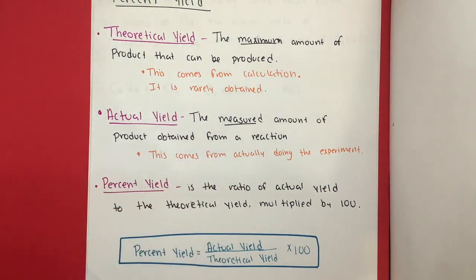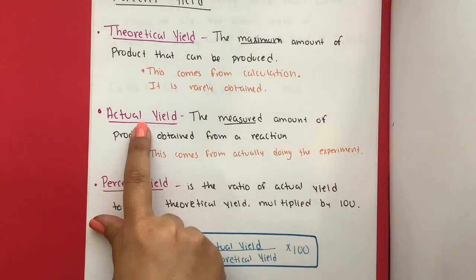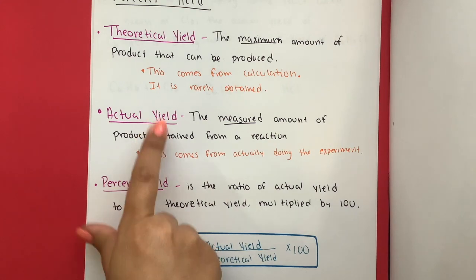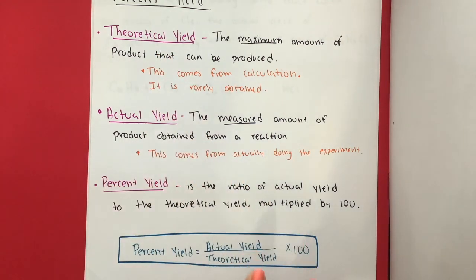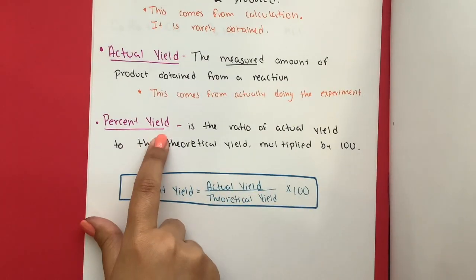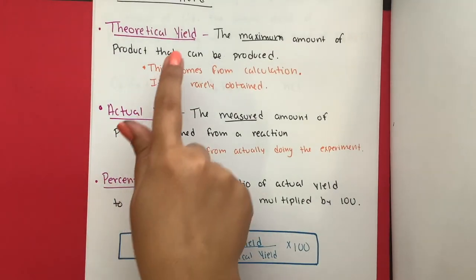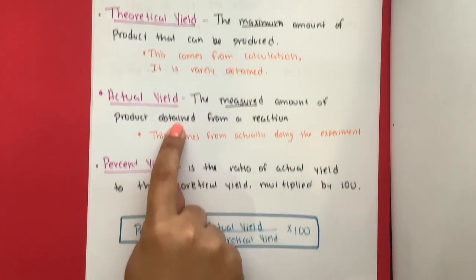Because maybe you didn't scrape the bowl good enough, or you made one cookie a little bit larger than the other one. So actual yield, you get it from actually doing the experiment. Theoretical yield, you get it using math. Percent yield is a percentage of your theoretical and your actual.